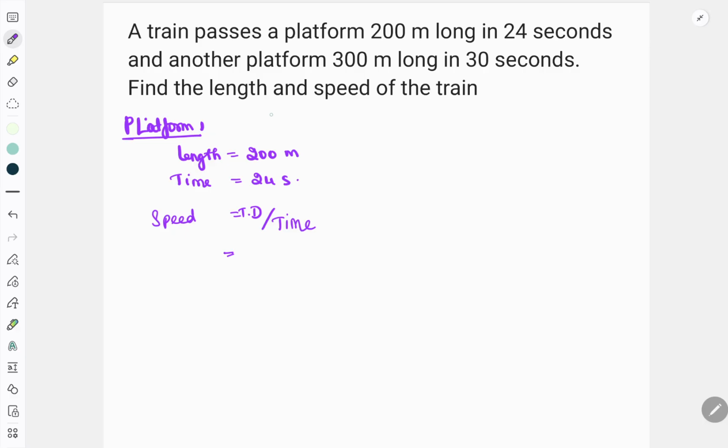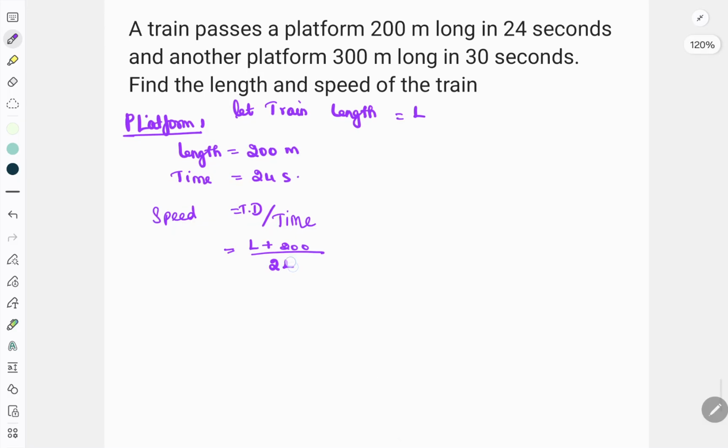So consider train length equal to L. So L plus 200 divided by time is 24 seconds, that is speed. So 24 S is equal to L plus 200. This is equation 1. Next, platform 2, right?